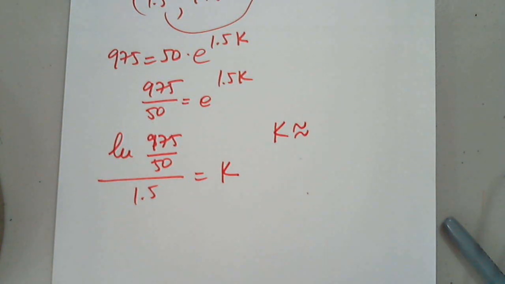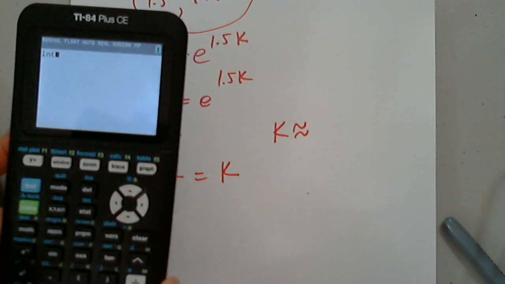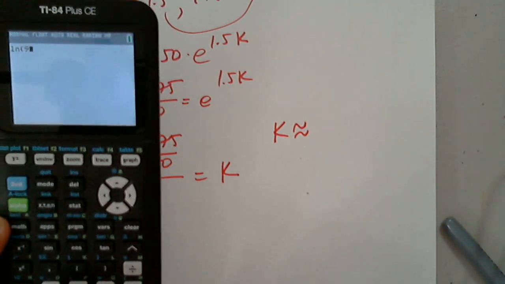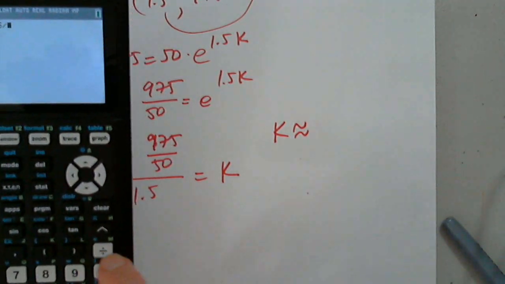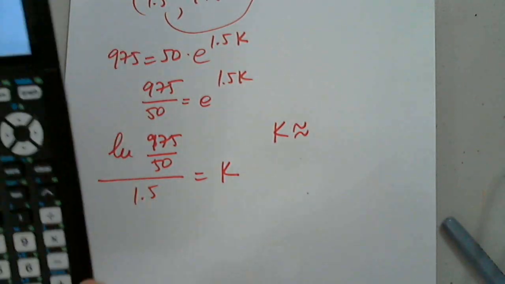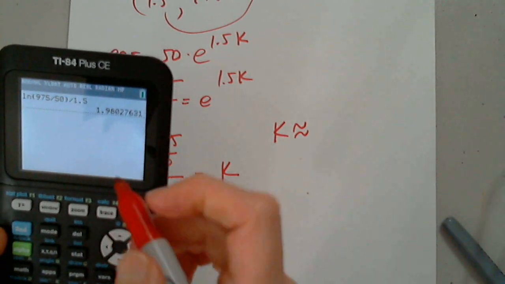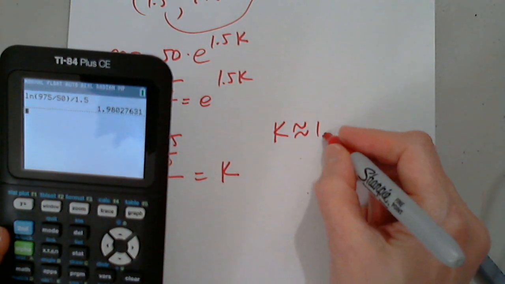So when we plug it in the graphing calculator, natural log, in parentheses 975 divided by 50, close the parenthesis, and then further divide by 1.5. And we get, always k with at least 4 decimal digits, 1.9803.